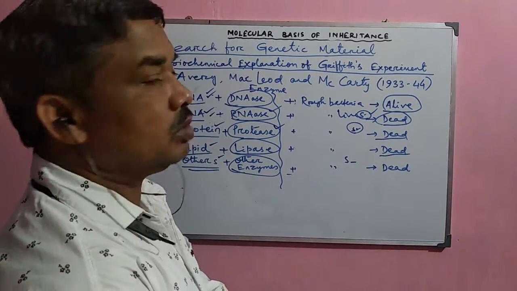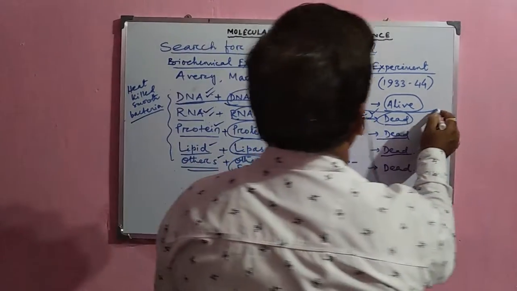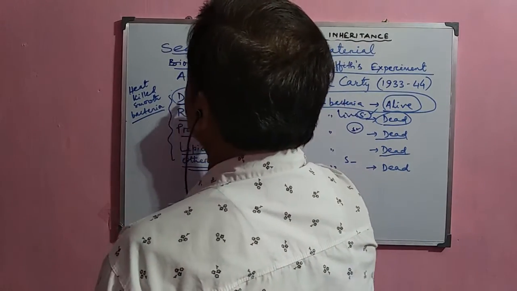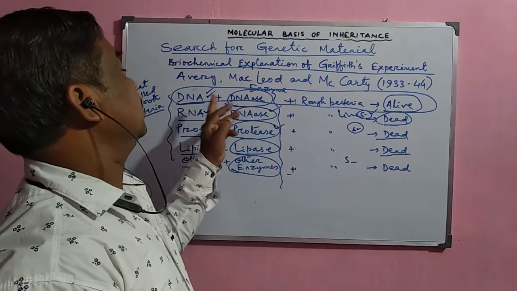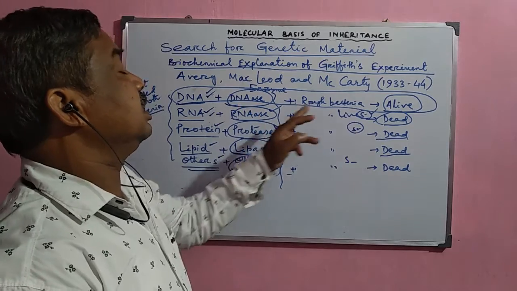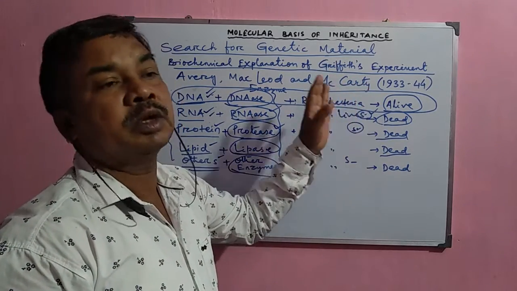From this, it was concluded that the DNA molecule is actually responsible for this transformation process, because when the DNA molecule was digested, there was no smooth variety and the mice survived.